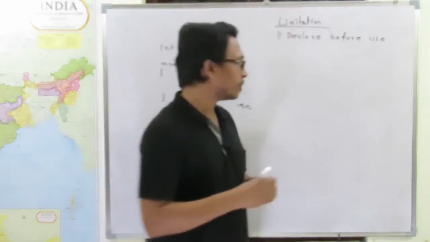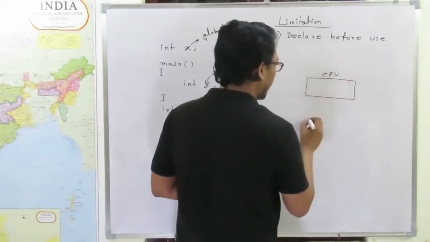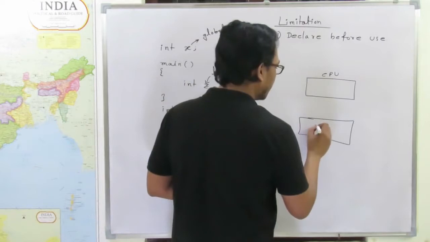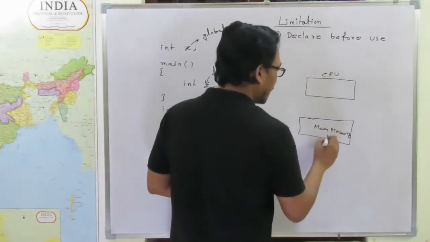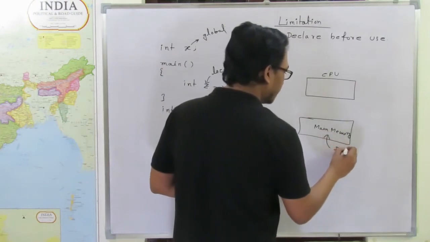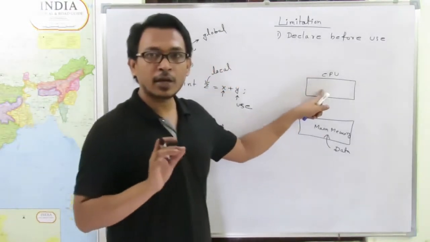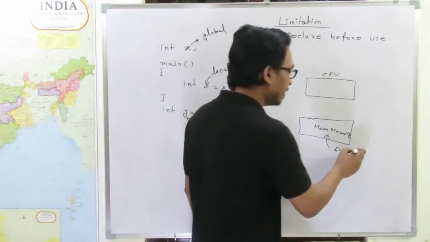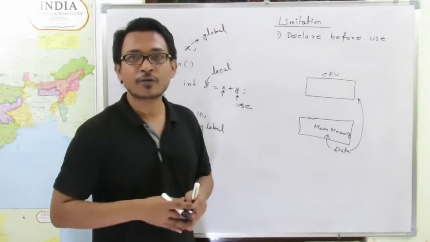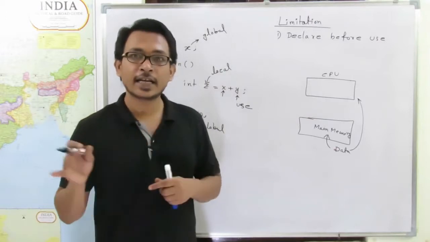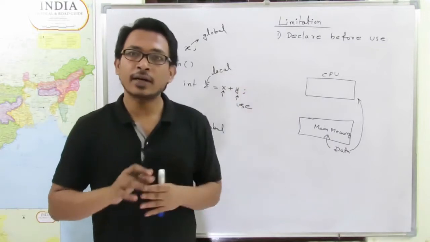Clear? Look, the CPU will execute the program and we have main memory. So in main memory we are storing the data on which the CPU will work. Now whenever the CPU works on any particular task, the CPU needs to read the data from main memory and then perform its task specified in the instruction, and then again the CPU needs to store the data in the main memory.